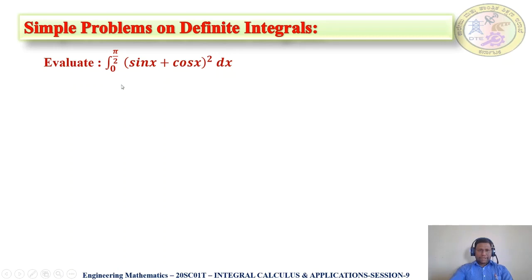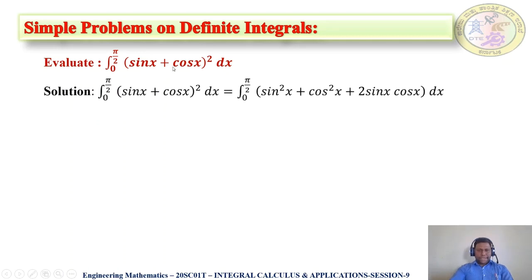Here you can observe it is of the form a plus b whole square. First we have to apply the a plus b whole square formula, that is a square plus b square plus 2ab. So here a is sin x, b is cos x. So a square means sin square x, b square means cos square x, plus 2ab means 2 sin x cos x.